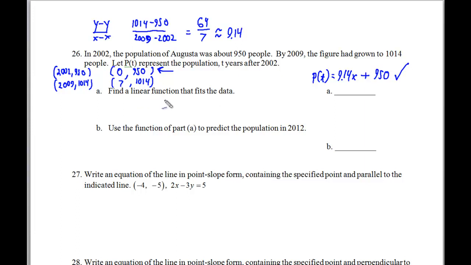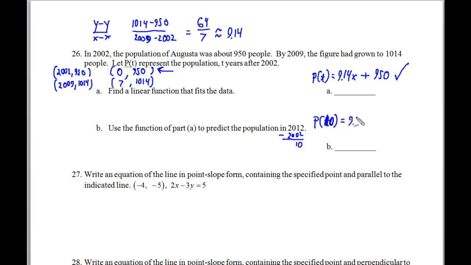Now, for part B, where it says use the function in part A to predict the population in 2012, we will take that equation and think, how far was 2012 away from 2002? With a little simple mental subtraction, you'd get an answer of 10 years. So all I'd have to do is plug 10 into my value of t. So this is going to be P of 10 instead of P of t.